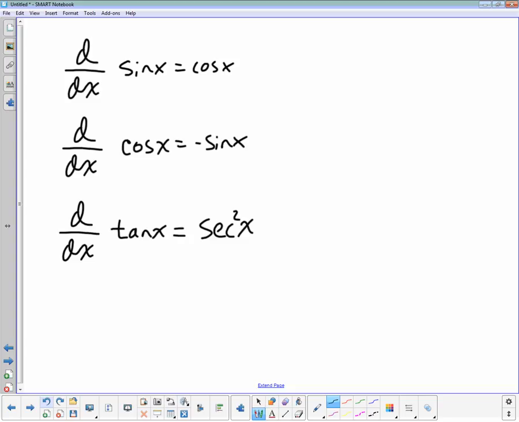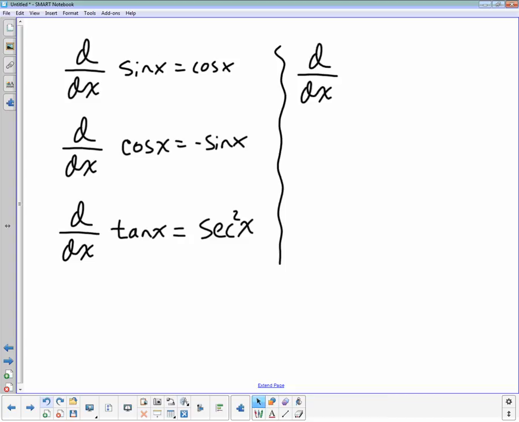Guys, please. The derivative of cosecant is negative cotangent cosecant.